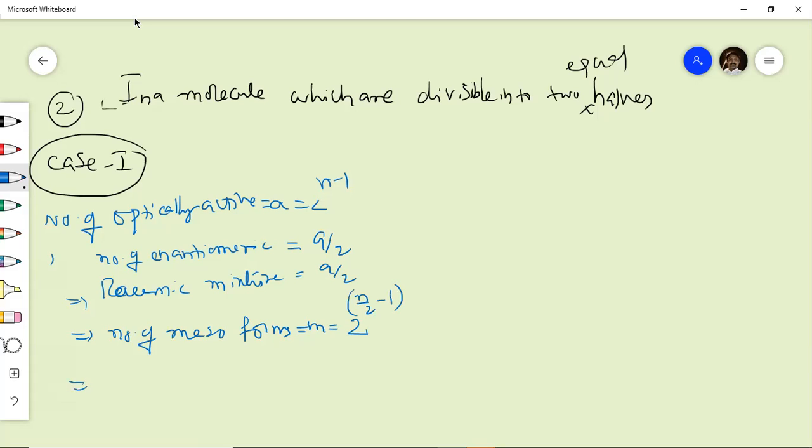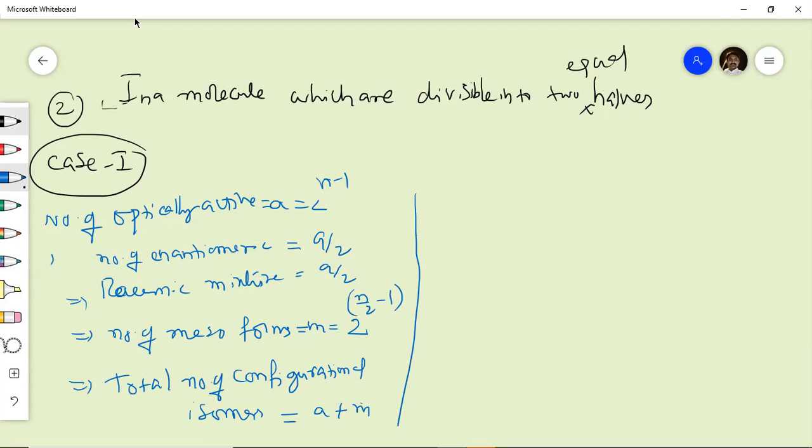That means what is the total number of configurational isomers in this case? The total number of configurational isomers will be taken by the A plus M formula. You have to practice this.